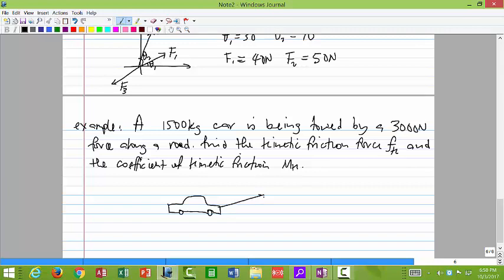So let's say the car is being towed. This is 3,000 newtons.